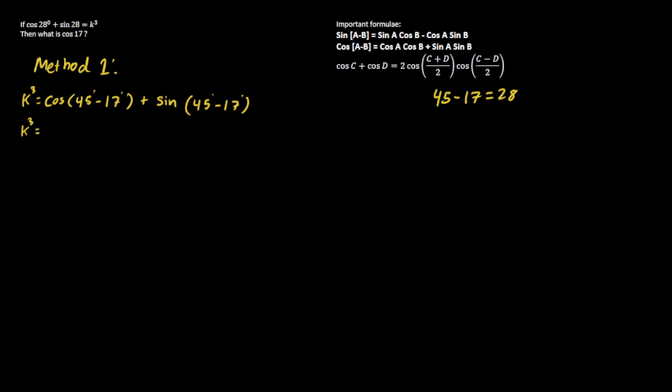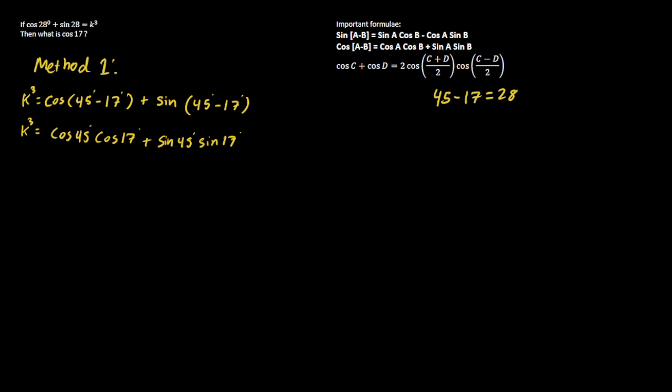by using those formulas, we get that cos 45 minus 17 is equal to cos 45 cos 17 plus sine 45 sine 17.